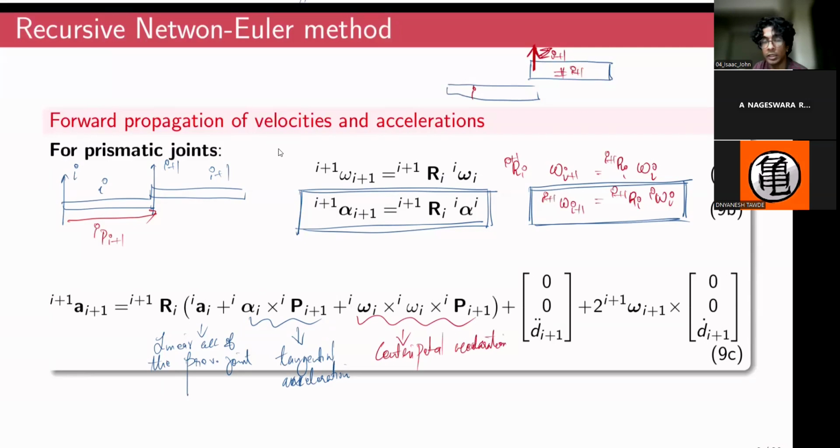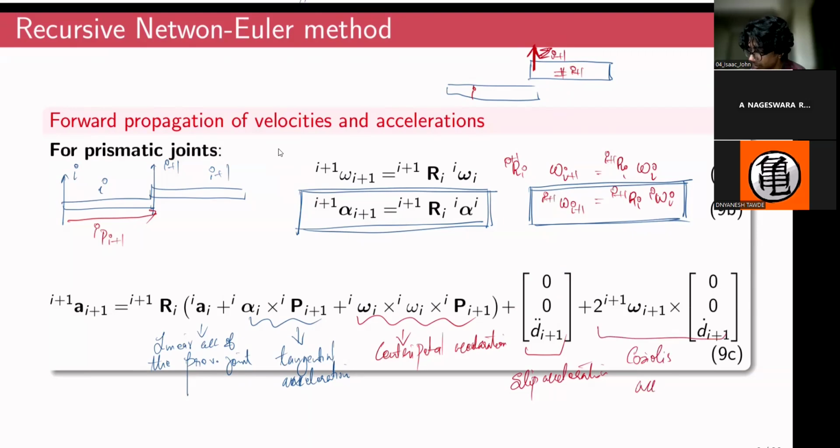And due to the relative sliding motion between I+1 and I, you will have two more terms. The first term is the slip acceleration, because the current joint is sliding, right? The current joint is sliding with respect to its own axis, Zi+1, that is this component. And we'll have one more component called the Coriolis acceleration.